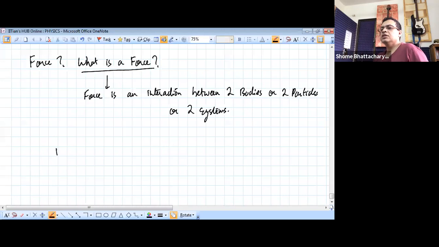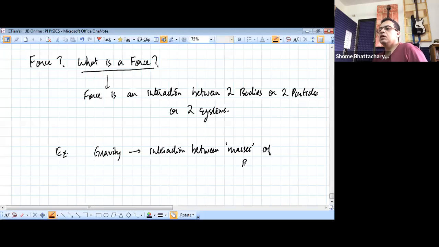For example, when we talk about gravity, it is an interaction between masses of bodies. I'll come to this in more detail, but I'm just giving you an example.